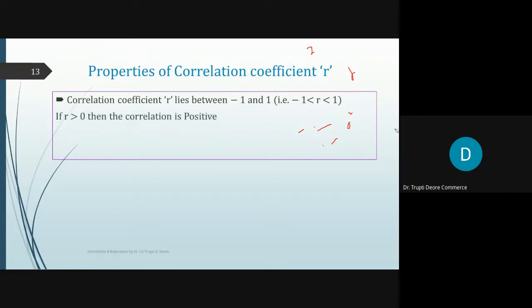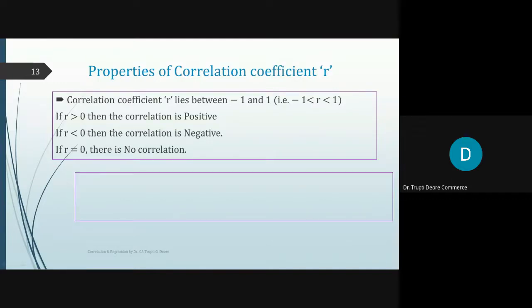First, if r is greater than 0, then the correlation is positive. It is called a positive correlation between two variables. If r is less than 0, then the correlation is negative. There is negative correlation between the two variables. And if r is 0, then there is no correlation. So this is the interpretation of the correlation, that is r.